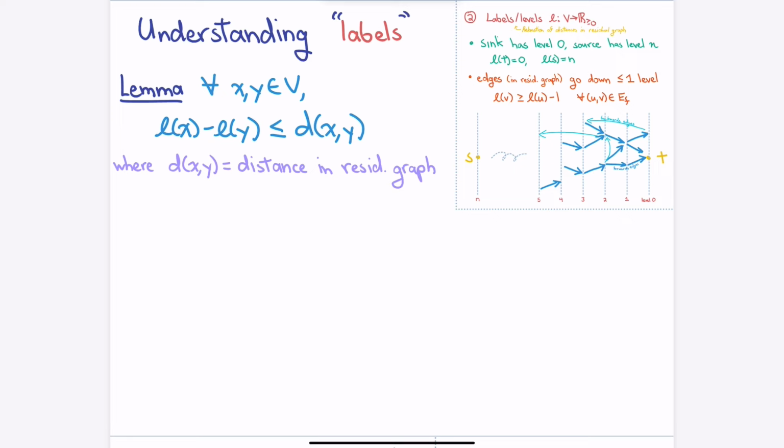It could be positive infinity if there's no way to get from x to y. But the claim is that Lx minus Ly is at most the distance from x to y. Now, there might be some cases where the left-hand side is negative, so it's obvious. But the interesting case is when Lx is bigger than Ly. But the claim is that we're always maintaining distances so that Lx minus Ly is at most the distance from x to y, where I'm just measuring the number of edges to get from x to y.